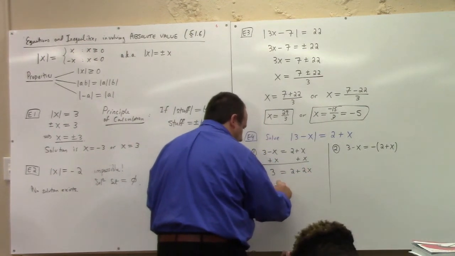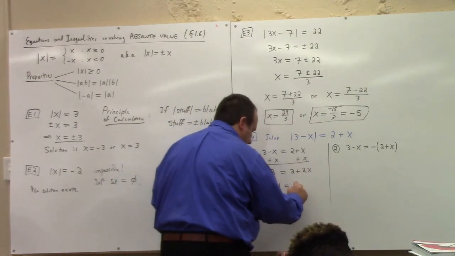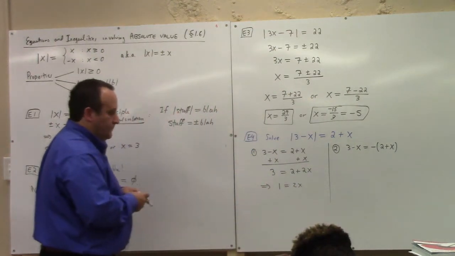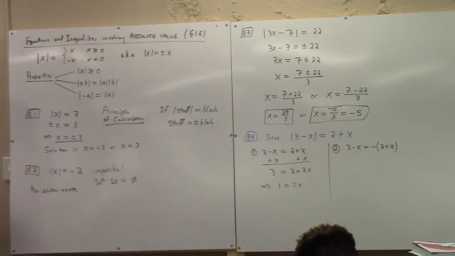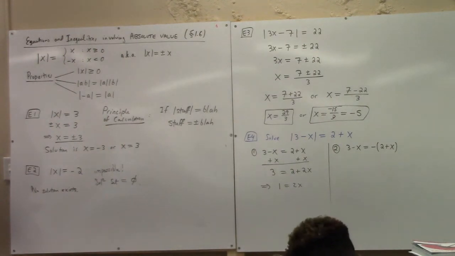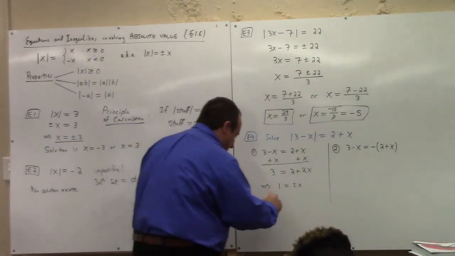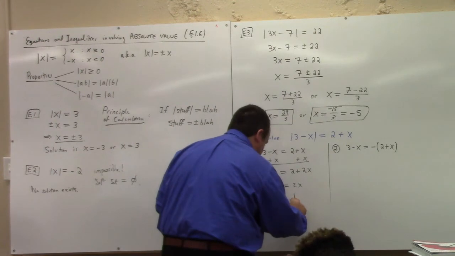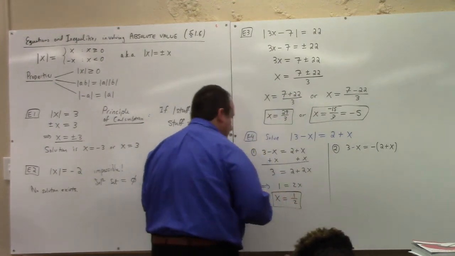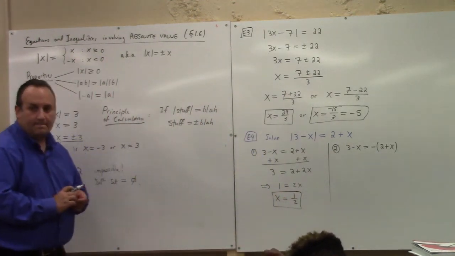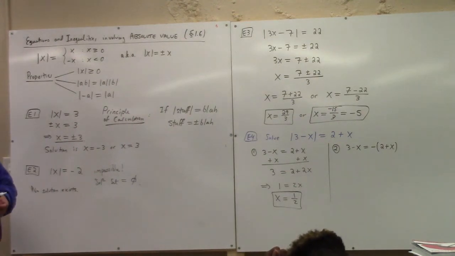Which then tells me that 1 is equal to 2x. Then what do I do? Divide by 2, that's right. So x is equal to a half. That's one of the solutions, right? How about the other side, though? What goes on over there?